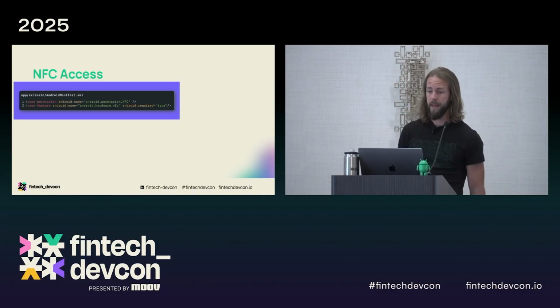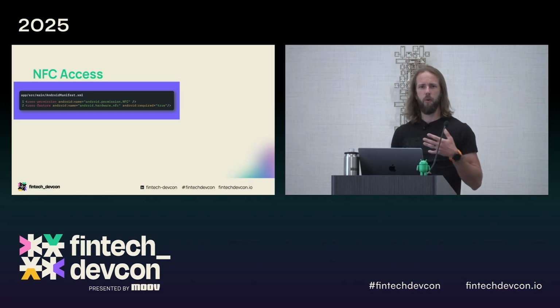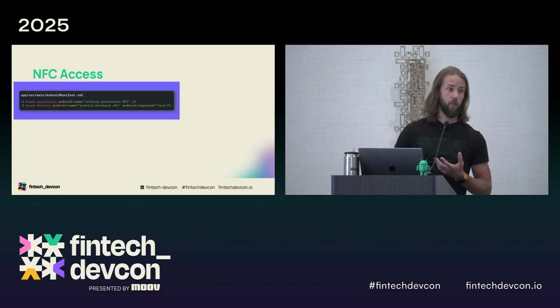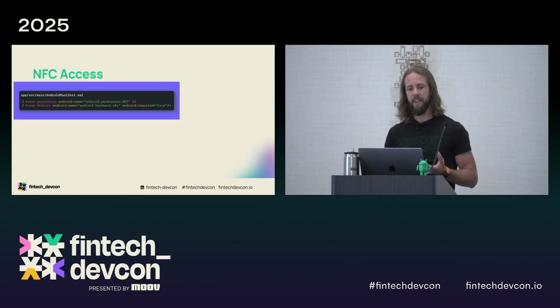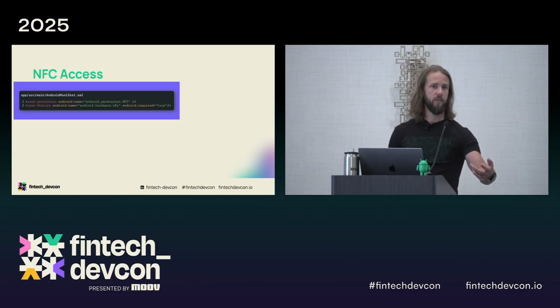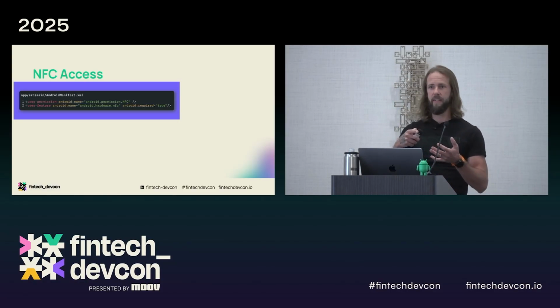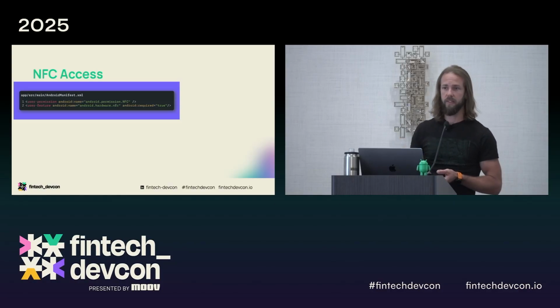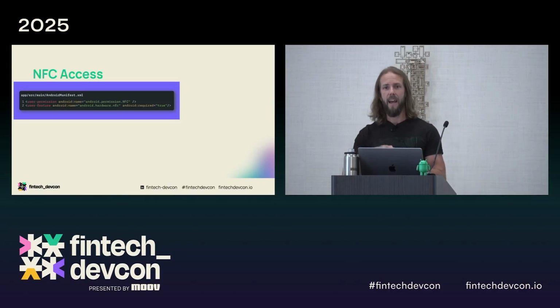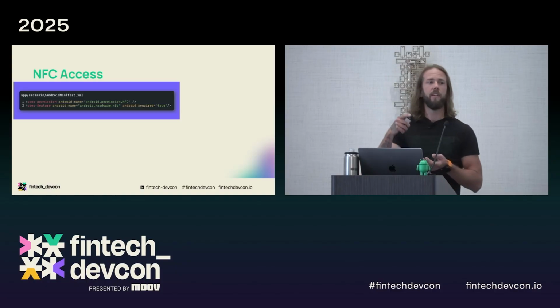Most of the time when you're building an app with NFC, you use something we call an intent filter. This allows you to tap your phone onto an NFC tag or a device, and the Android operating system will run through all the intent filters and basically ask, hey, do you want to handle this?